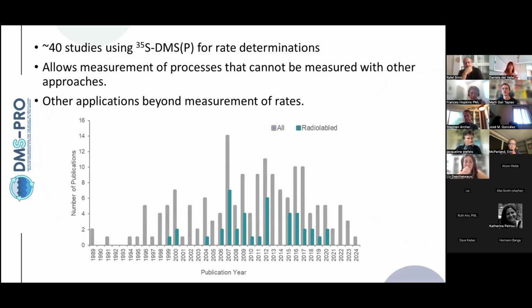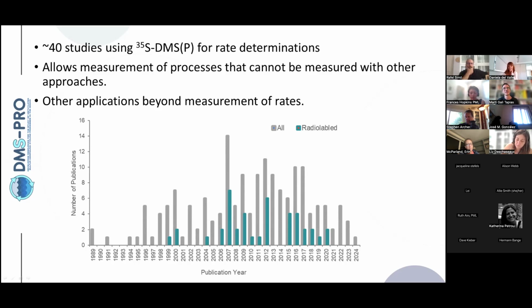About 25% of the total number of studies used radiotracers. And you can see that there were quite a few papers published in the early 2000s, another burst later on, but like Martí mentioned, a declining trend in the last years for both general publications of reduced sulfur cycling rates, but also for the radiotracer approach.